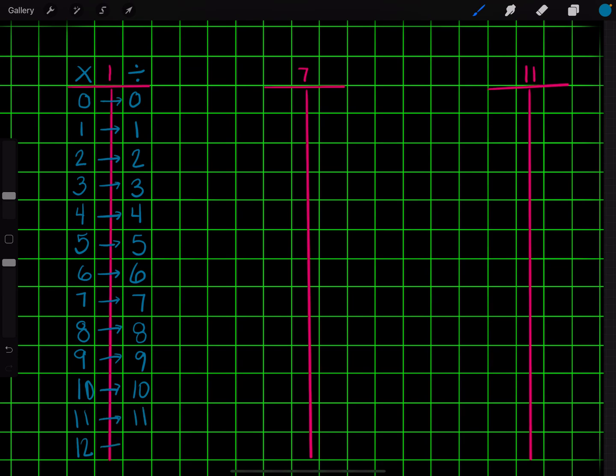And 12 groups of 1 is always 12. Super easy, that's okay. We practiced with our ones.